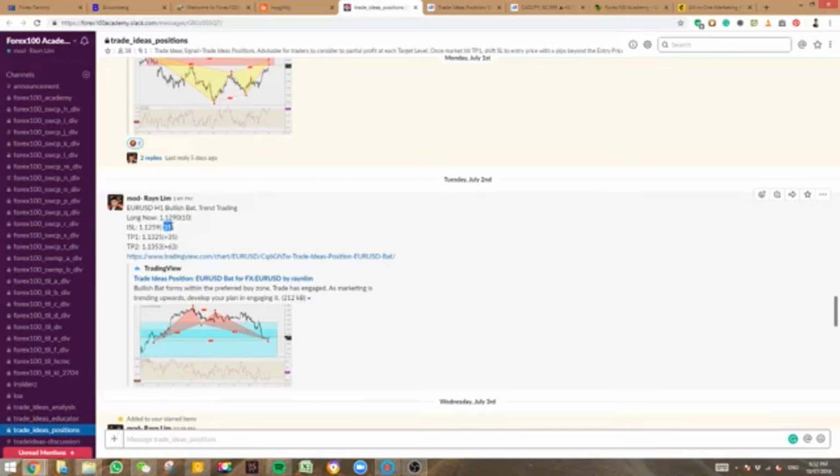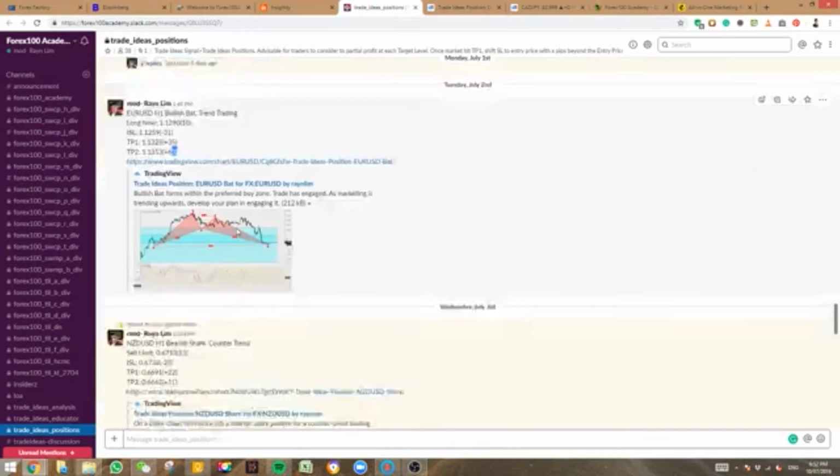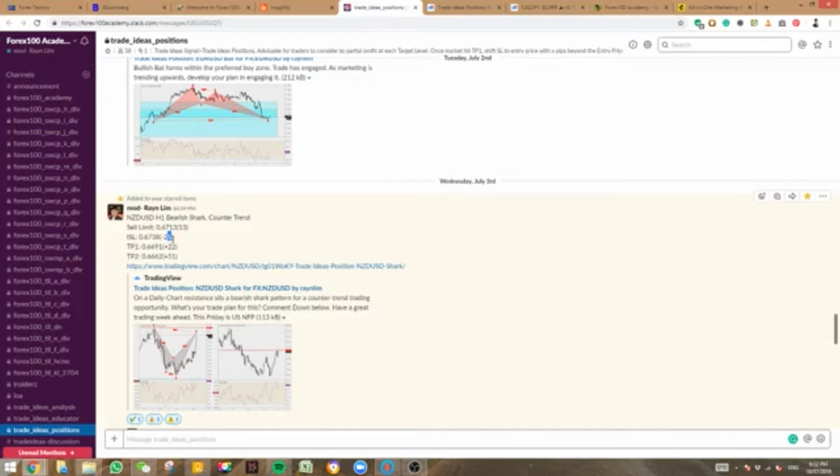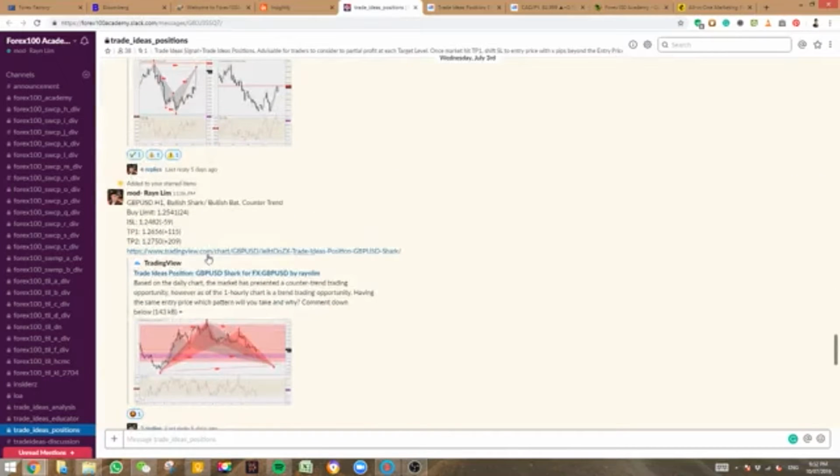Risk 31, this is a smaller one, H1 time frame, target 63, 2-to-1 ratio. Risk 25, earn 51. Risk 59, even my target 1 gives me 115, my target 2 gives me 209.